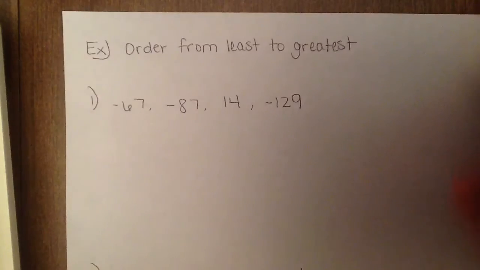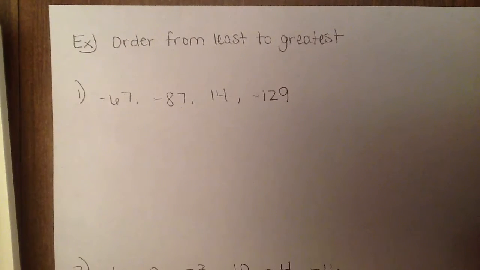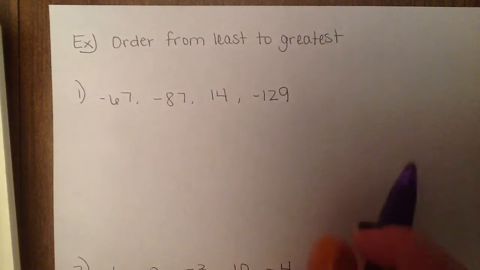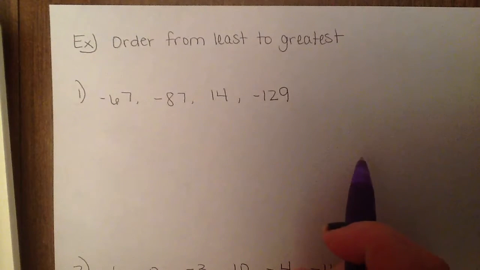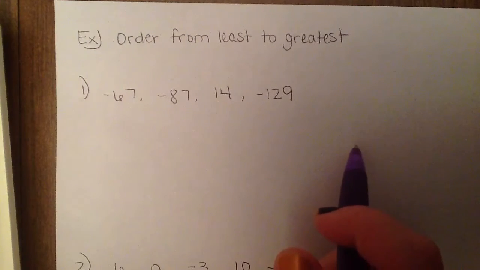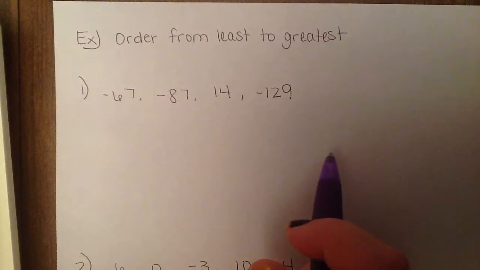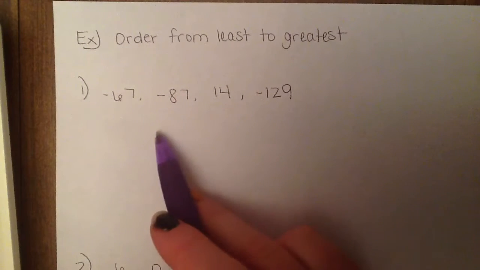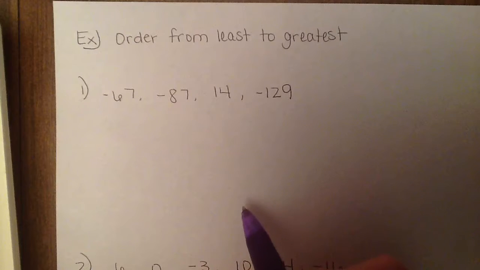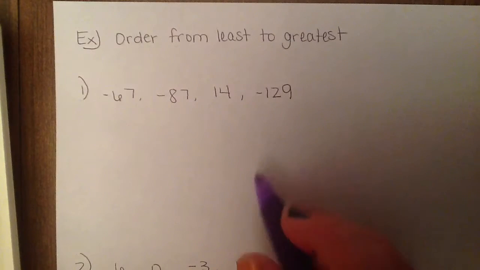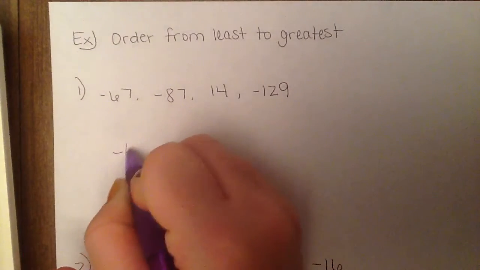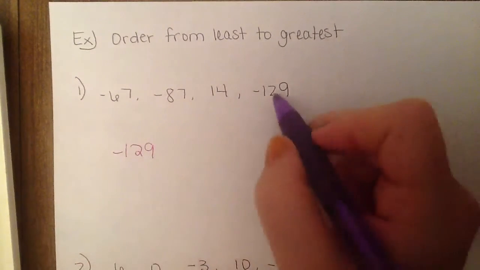The last thing we are going to do in this section is order numbers from least to greatest. So we want to start all the way to the left on the number line, as small as we can get. So if we think of our number line, of these four, which number is furthest to the left? Which one is the smallest? Exactly. Negative 129 is our smallest number.